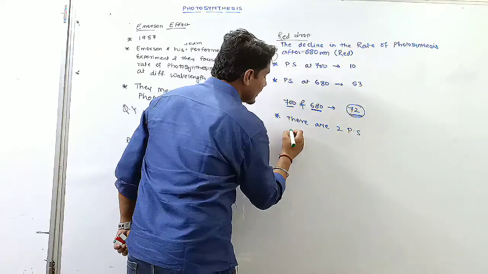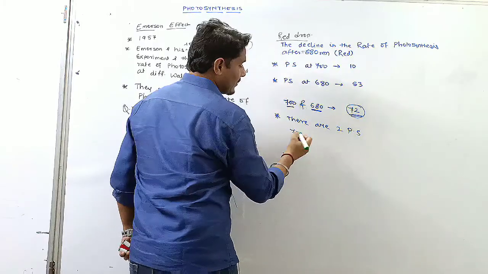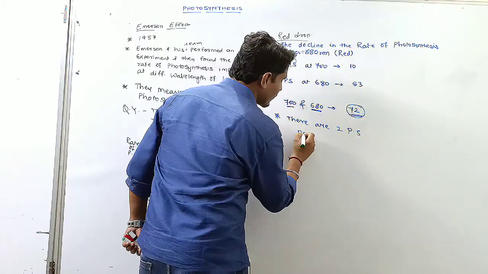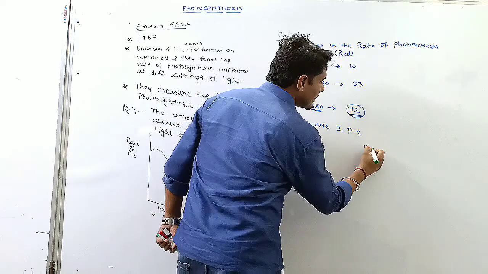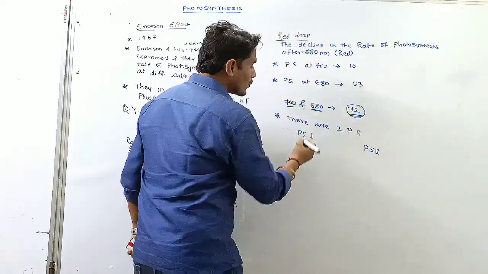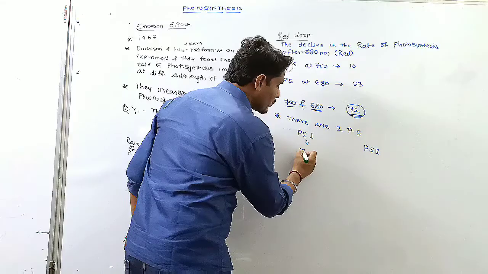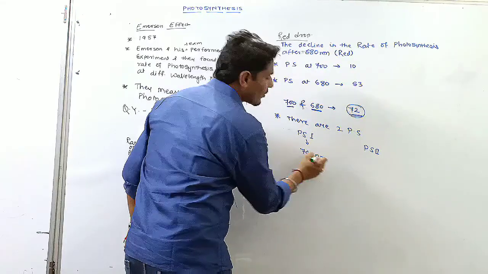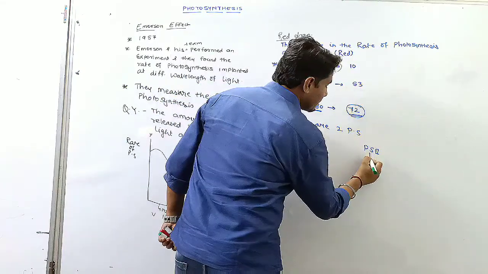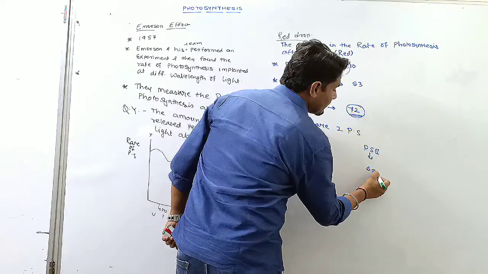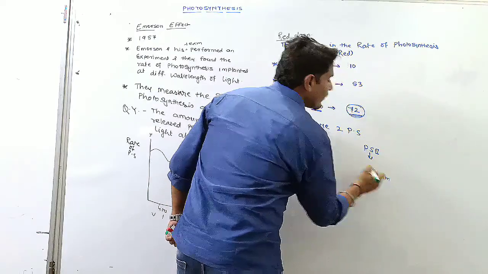One is photosystem 1 and the other is photosystem 2. Photosystem 1 absorbs 700 nanometer light, and photosystem 2 absorbs 680 nanometer light.